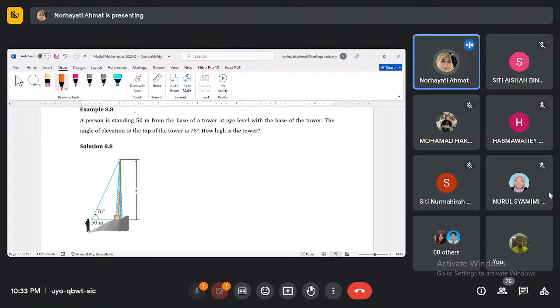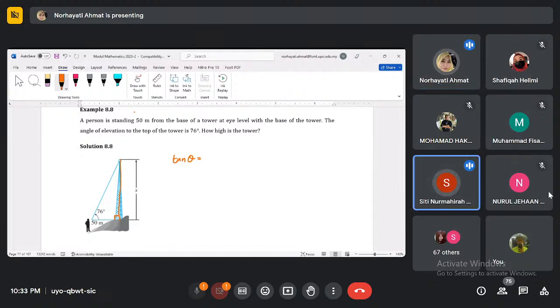We need to find x. Is it we use cosine or sine or tangent? Tangent. Macam tangent. Tangent theta is opposite over adjacent. Okay. Toa. Okay.